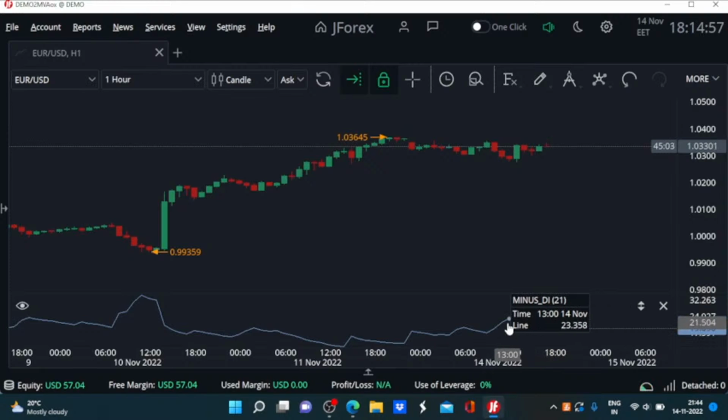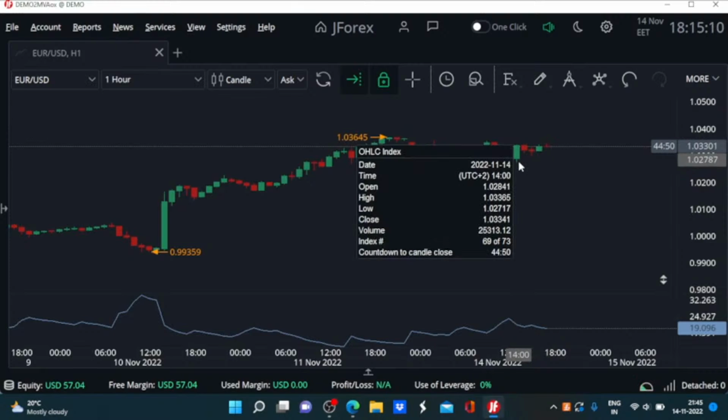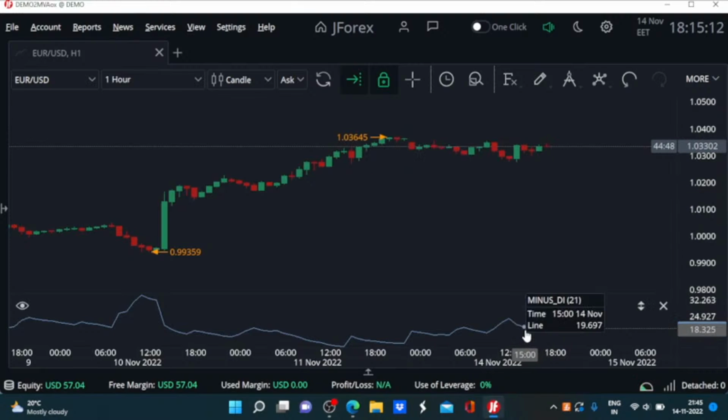We didn't really get to see the euro usd's output of minus directional indicator climbing above 25. It had gone close to that, but then there is a sharp jump on the higher side, changed the picture again, and we have it now hovering close to 20.